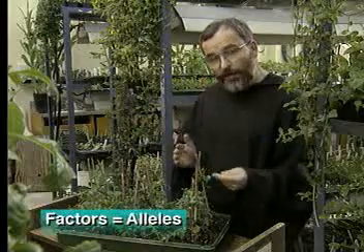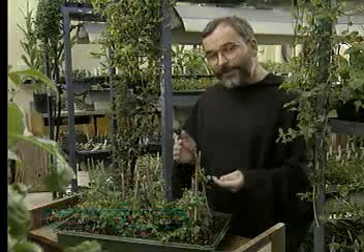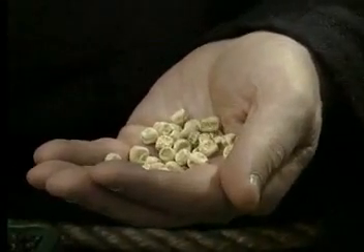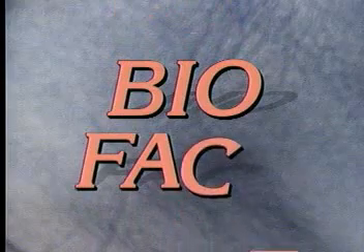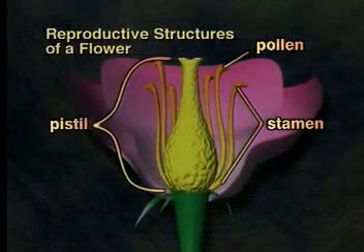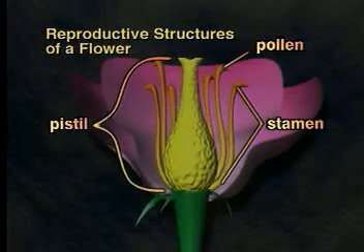I performed a variety of crosses on pea plants and observed the offspring by germinating the seeds which the plants produced. The reproductive structures of the pea plant are contained in each flower on the plant. They consist of stamens and the pistil.